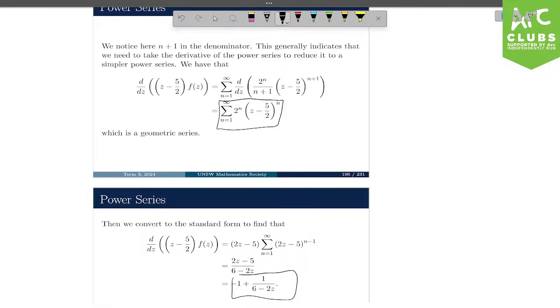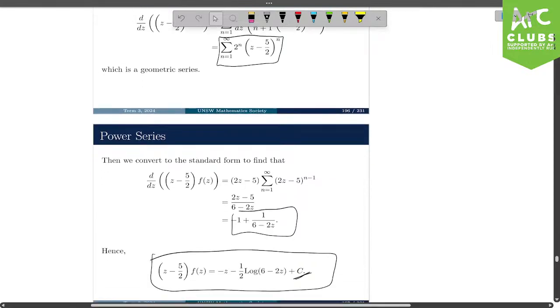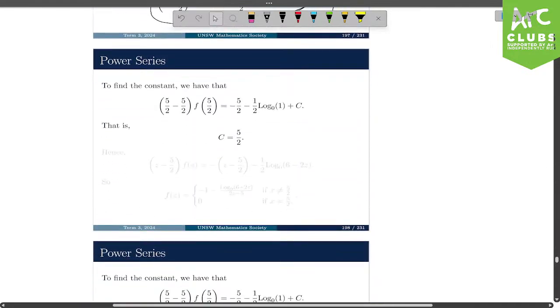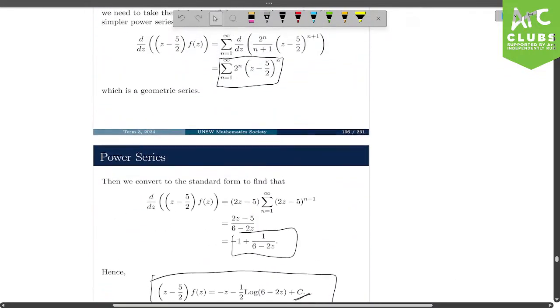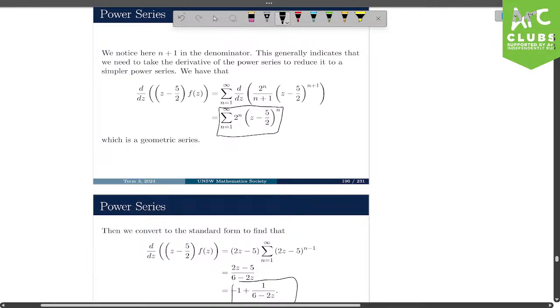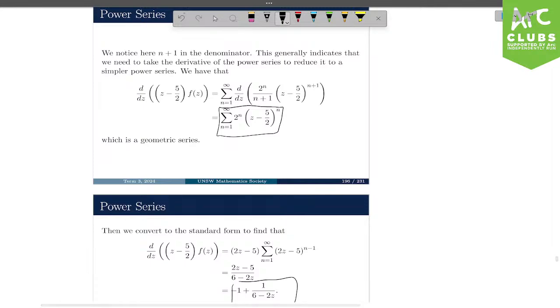So, for example, if I want to find the constant part here, I can go over here and plug in z as 5/2, which is the center of our radius of convergence, which means all of these powers go to 0.